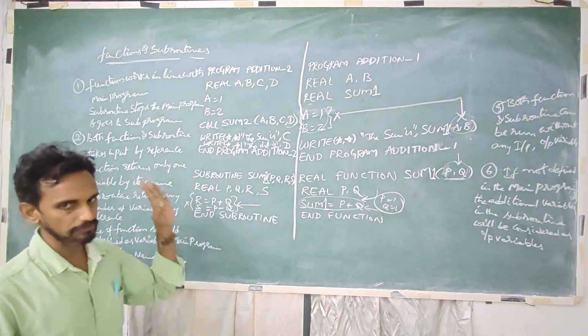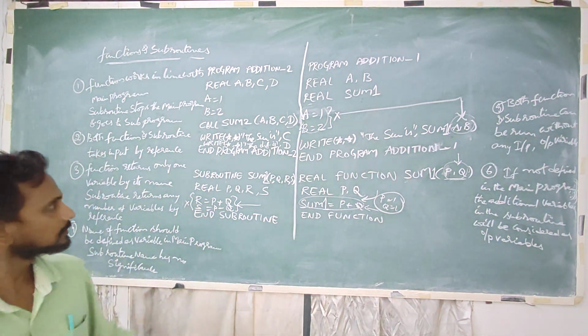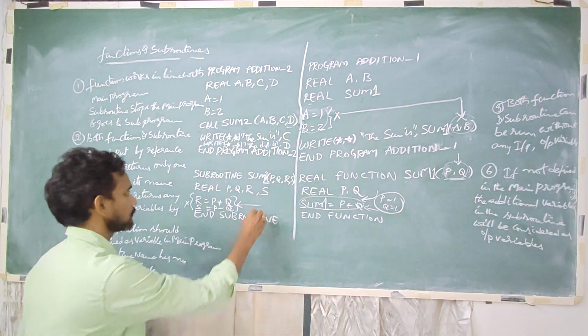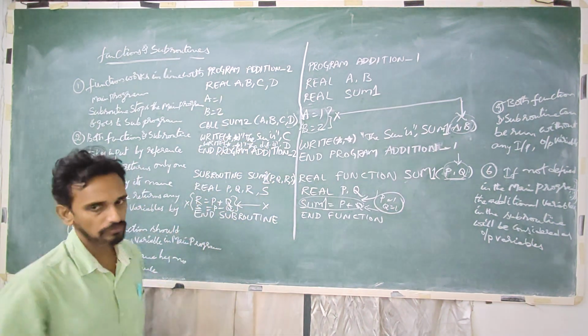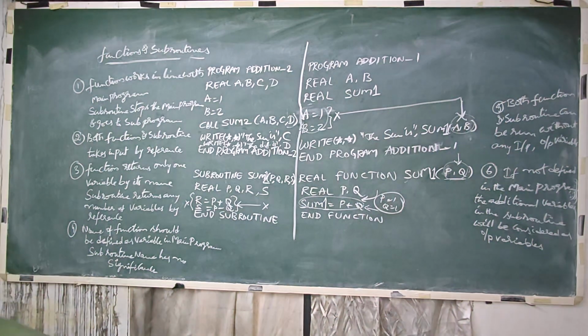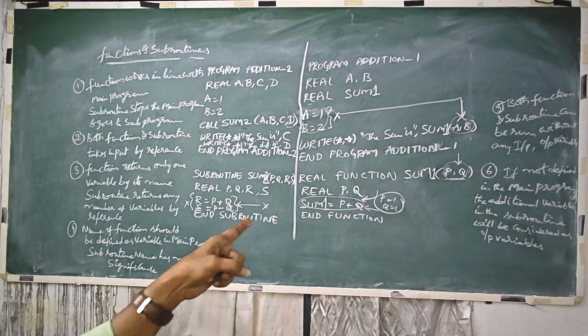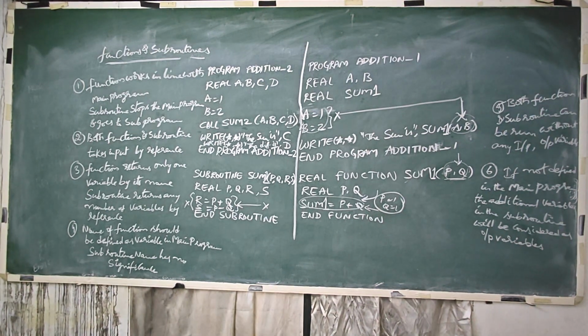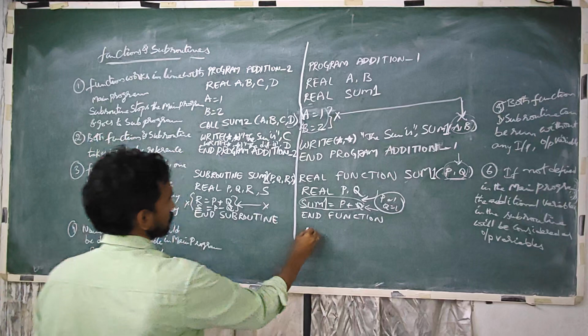Check here what happens. So here P and Q are input variables, R and S are output variables. Don't assign any value to R and S. See whether it gives an error. Whereas function gives an error. What is that?